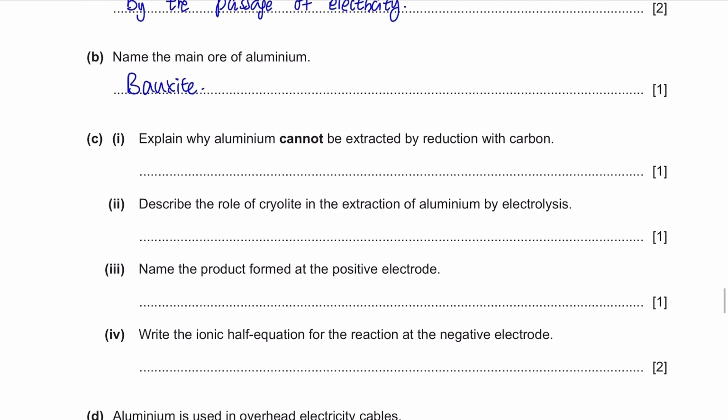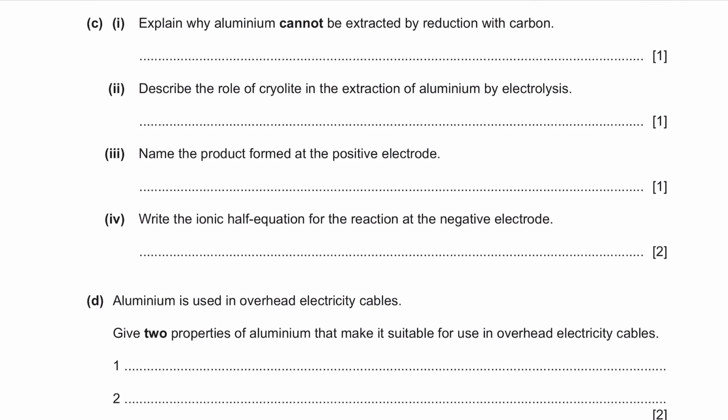Part C. Explain why aluminium cannot be extracted by reduction with carbon. You can extract iron by reduction with carbon, but not aluminium because aluminium is more reactive than carbon and carbon cannot displace aluminium. Describe the role of cryolite in the extraction of aluminium by electrolysis.